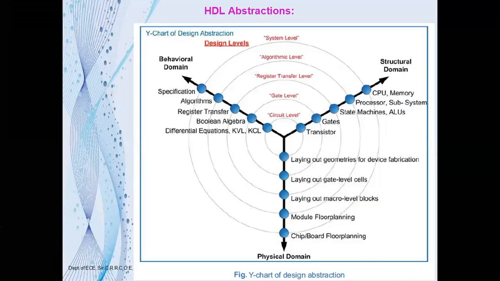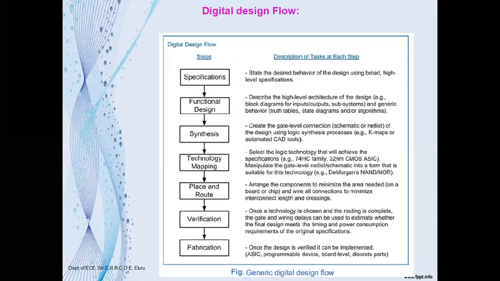I will skip this slide and come to this one, the digital design flow. Just recall the levels of the HDL abstraction. First, we have the specifications, that is the system level. In the digital design flow also, first we define the specifications: what circuit we want to design.